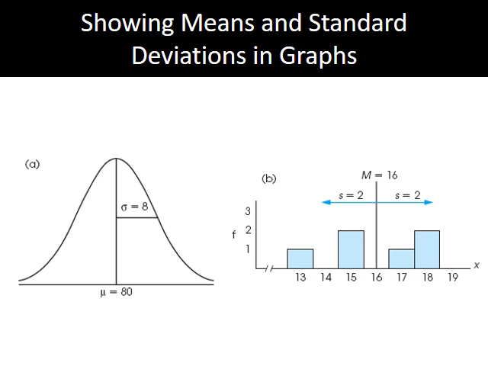Notice the nomenclature, the capital M referring to the mean and s referring to the standard deviation. The average distance from any score to the mean in this sample is 2. And remember, the key difference in the formula is that we use n minus 1 in the denominator for a sample, whereas we use n for the population.